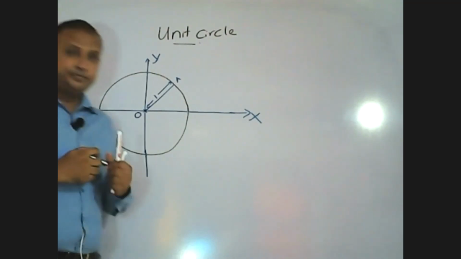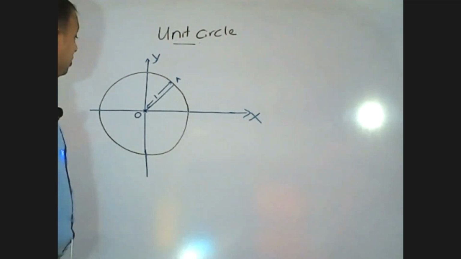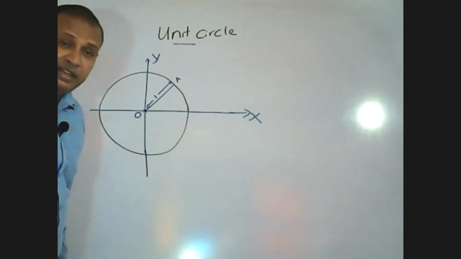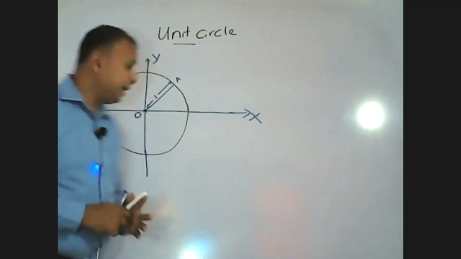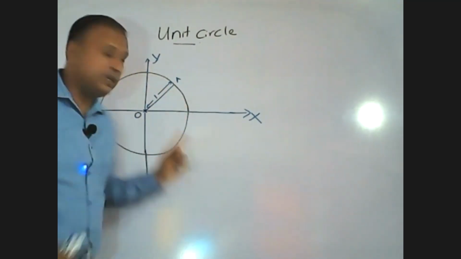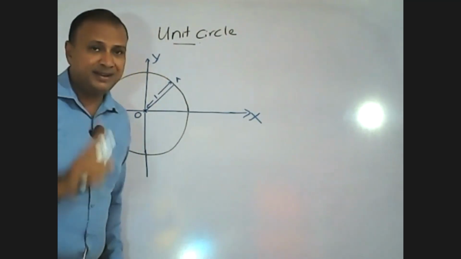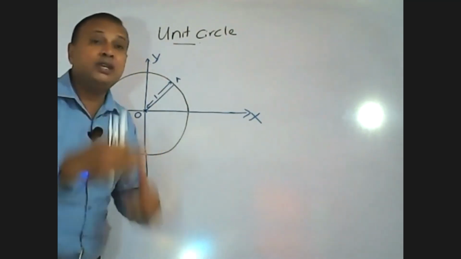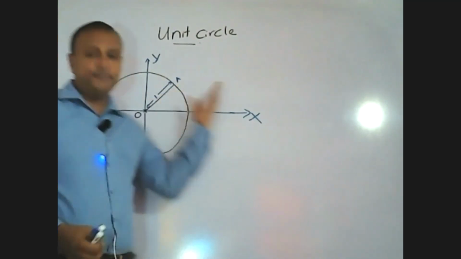I have drawn a circle. So what are the features of this circle? The center of the circle is the origin, and the radius is 1 unit. The radius is equal to a unit length.